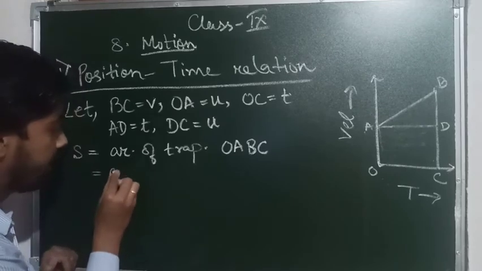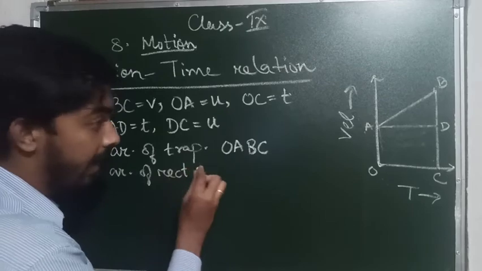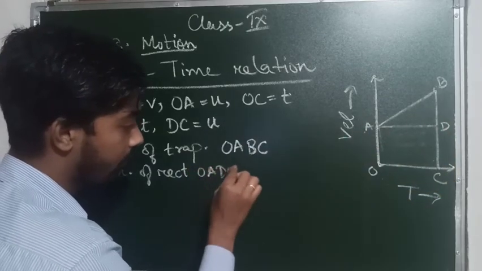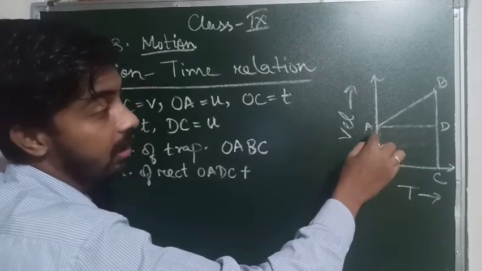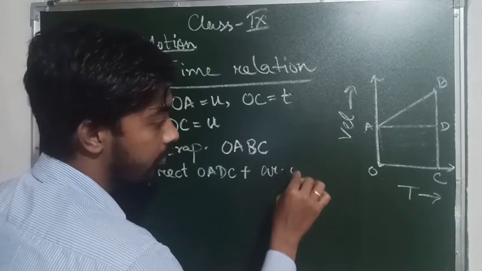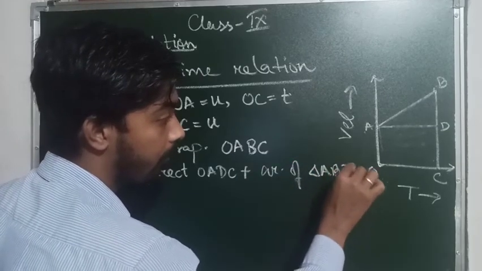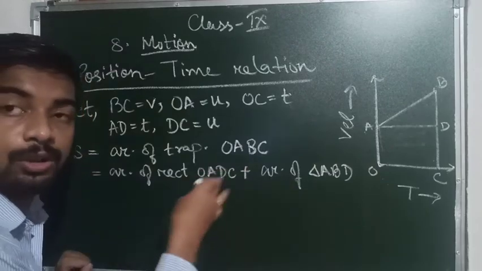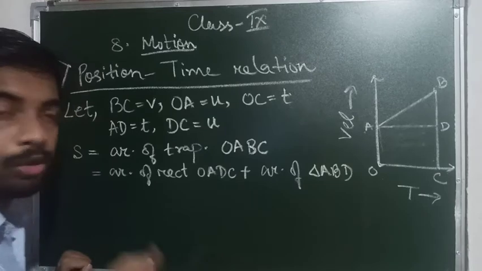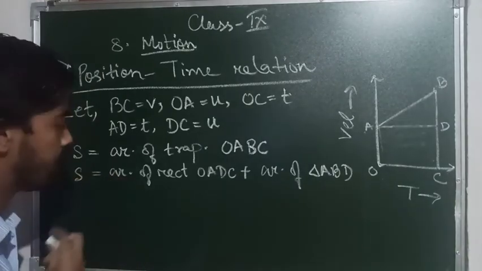So here we can write area of rectangle OADC plus area of the triangle ABD. If we find these two areas and total them up, we'll get the area of the trapezium, which will give us S, which will give us the position, or we can say the displacement.